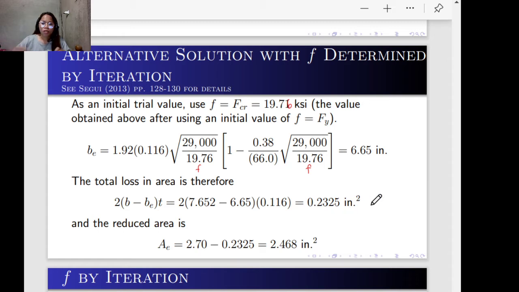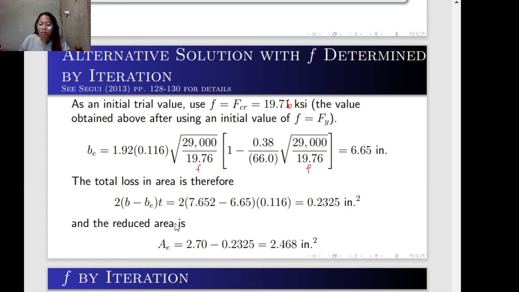The answer is 0.2325 square inch. So the reduced area is the gross area minus the total loss in area. The answer is 2.68.